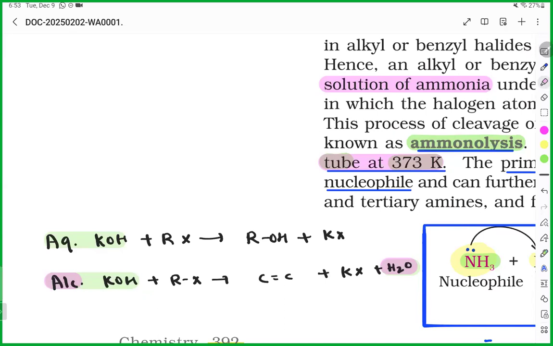Now you correlate with the dehydrohalogenation reaction, a very popular reaction for your exam. Or here you will talk about chloroform. What is the isocyanide test?